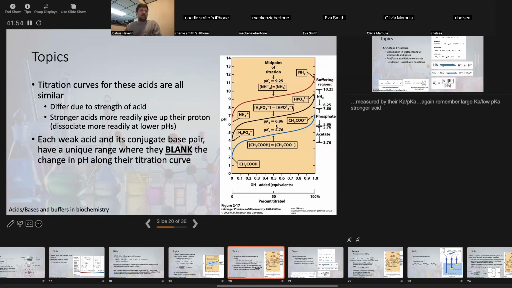Of these three buffers, we would likely choose H2PO4 to set up our buffer because it will happily buffer, again, basically one full pH below its pKa, 5.86, and one pH above its pKa at 7.86. So 7.4 is within that region, and phosphoric acid is going to more readily and more strongly buffer that solution, as opposed to acetate or ammonium, barring what biological impacts ammonium and acetate have on a cell or metabolic pathway.